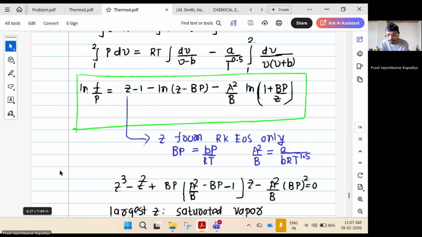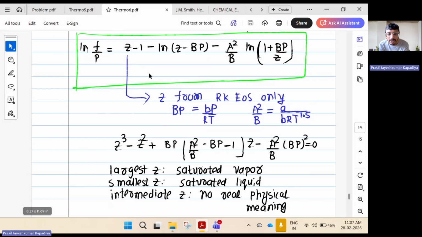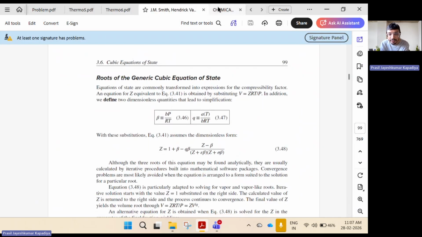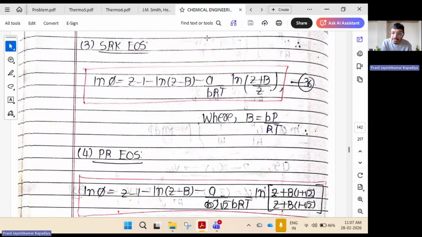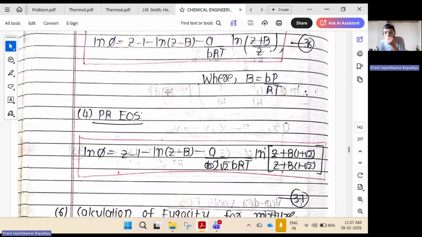Okay. So when I want to use this particular equation of state to find phi, one thing is very important to remember about the Z value. Let's say I want to use the Peng-Robinson equation of state to find the values of the fugacity coefficient.